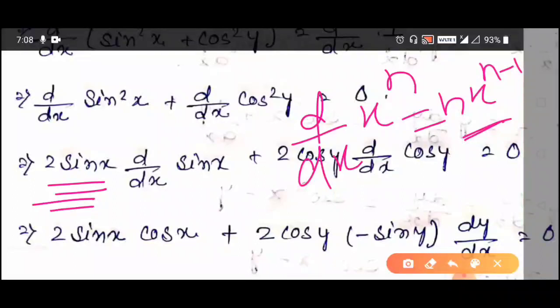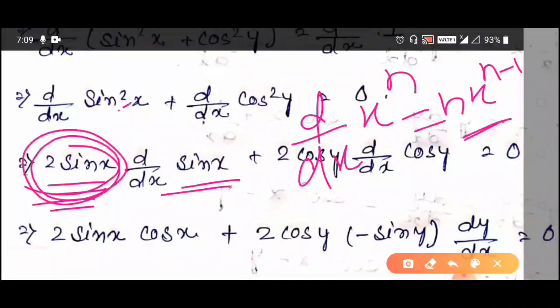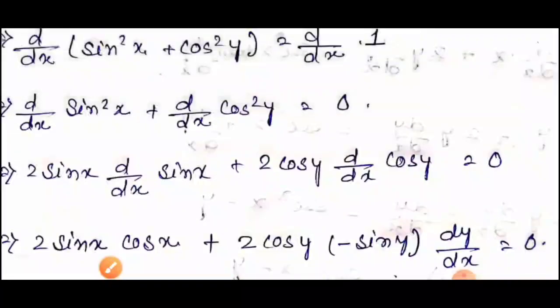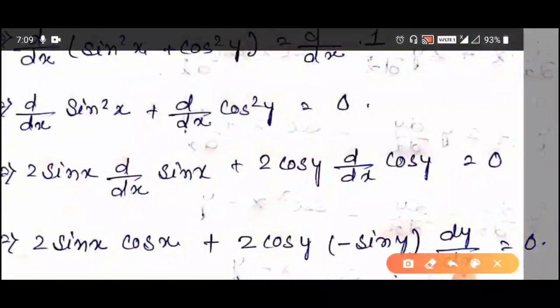Now we have to again differentiate sin x because here we have only done the work of the square. Now we have to do the work of this sin x. And for cos square y, first of all we have to use the formula of d dx of x to the power n. So it will become 2 cos y, and then we have to again differentiate cos y with respect to x.